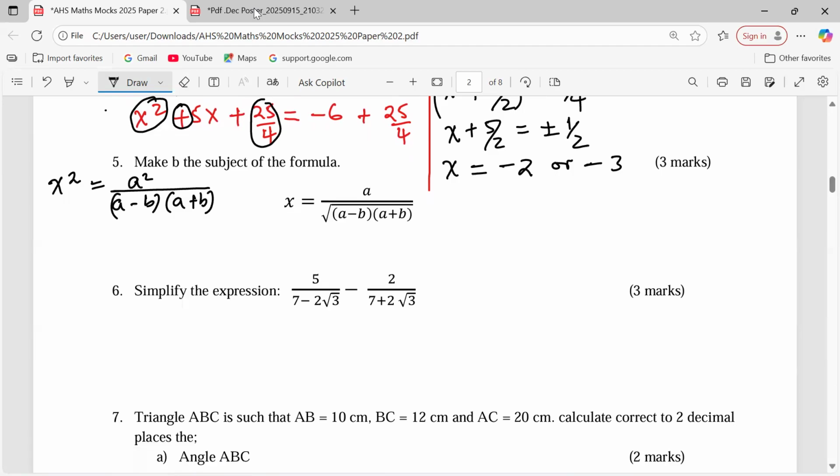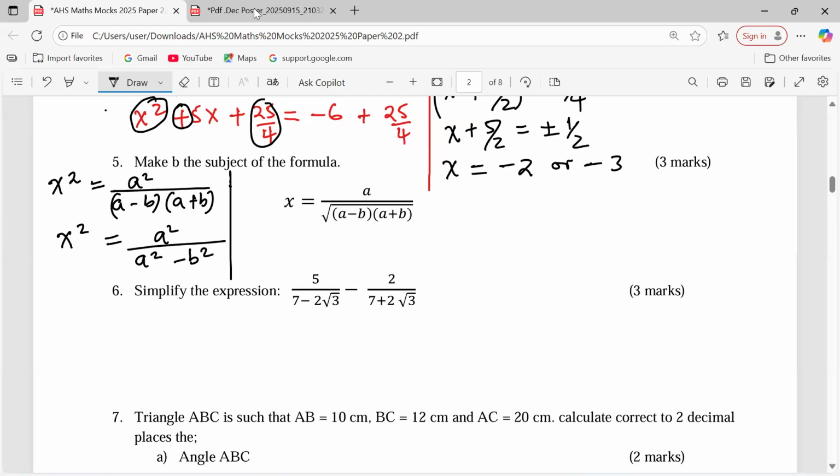Then we are supposed to know that the denominator on the right-hand side can be expanded. So this is x squared equals a squared out of a squared minus b squared. It's a difference of two squares, so we don't need to waste a lot of time.